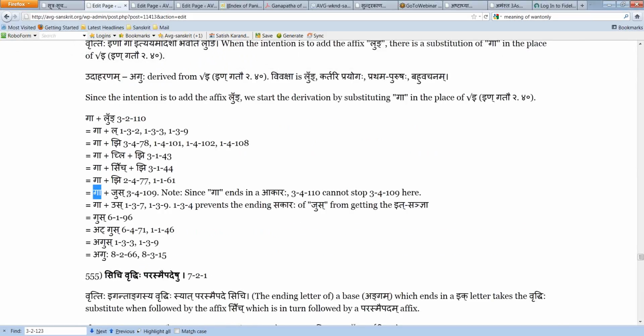So basically we can use sij abhyasta vidibhyascha to replace jhi by jus, taking the permission of ataha. Ataha cannot stop sij abhyasta vidibhyascha because we do have an adanta dhatu.